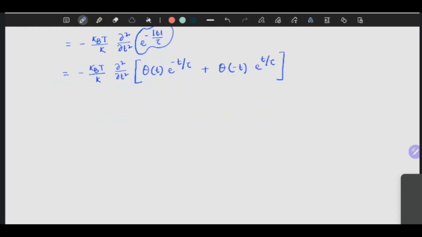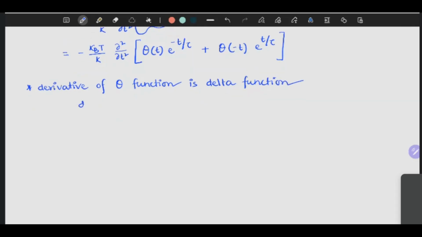So now we have to use two formulas. Now the derivative of theta function is the delta function. So d by dt of theta t is equal to delta t.